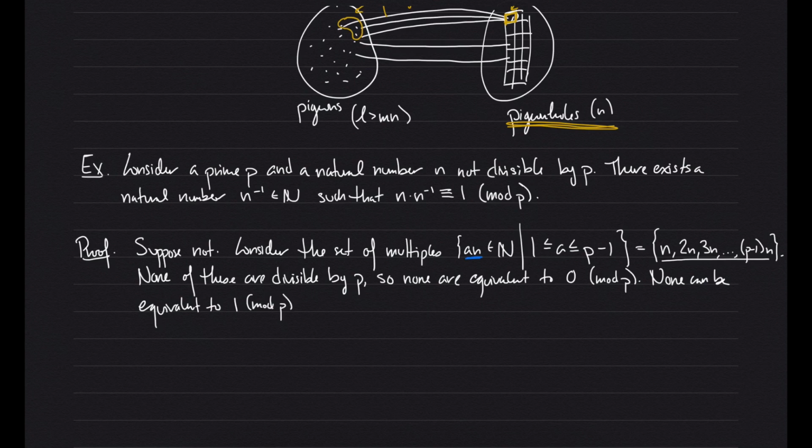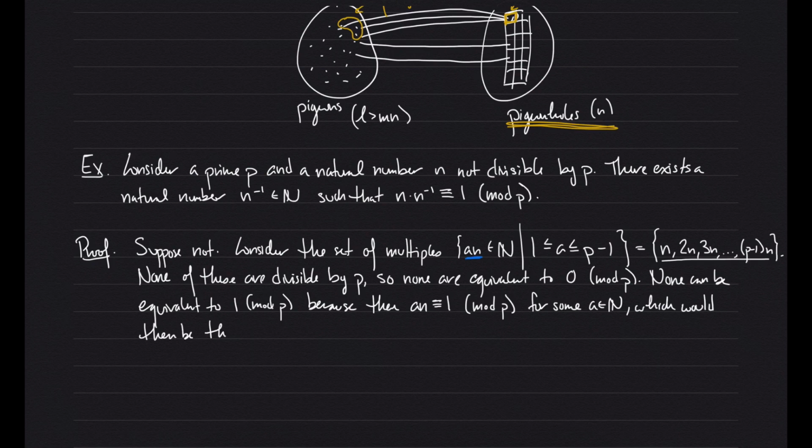This is basically our assumption when we said suppose not. And this is because then an would be equivalent to 1 mod p for some natural number a, which would then be the inverse. That a would be the guy that we're looking for.